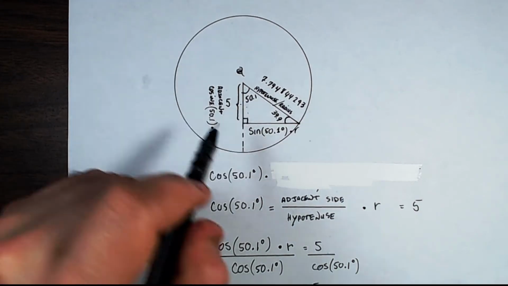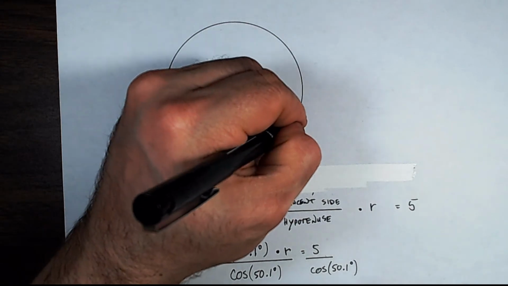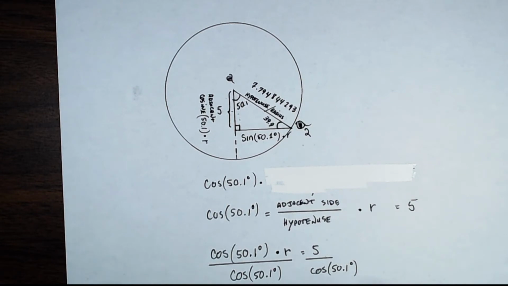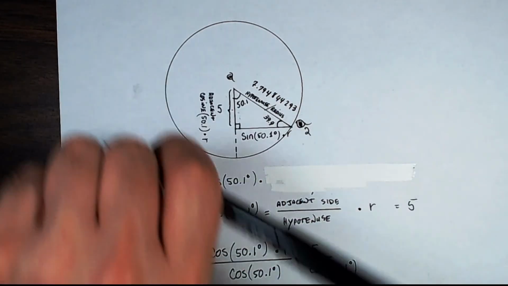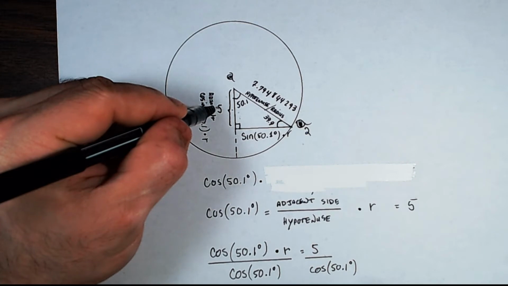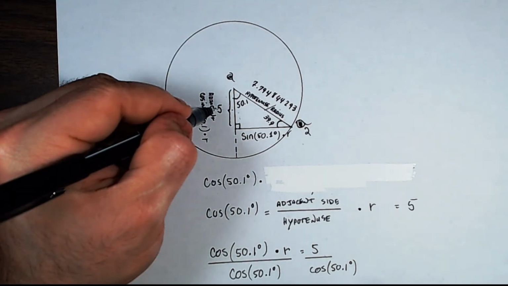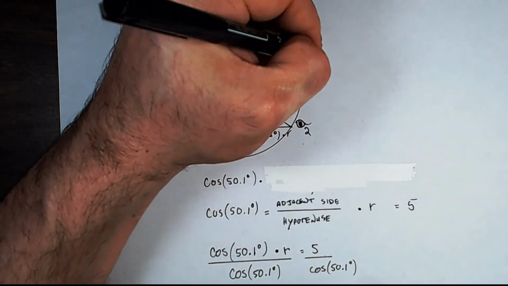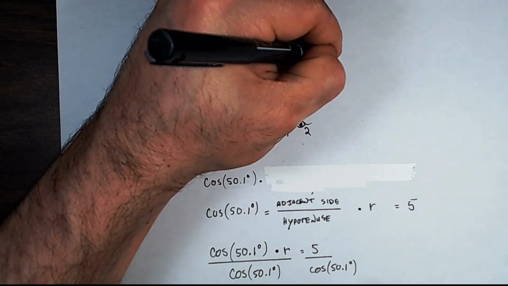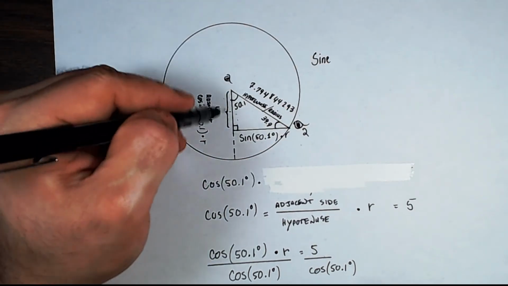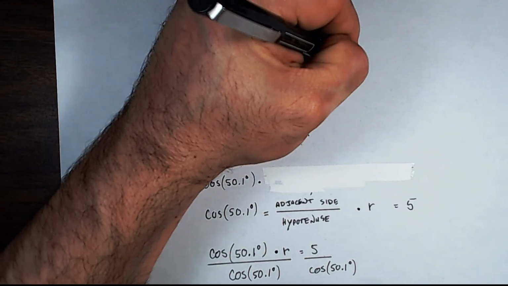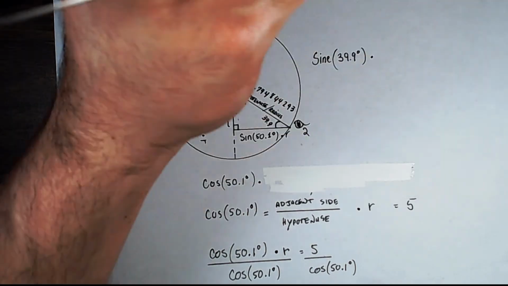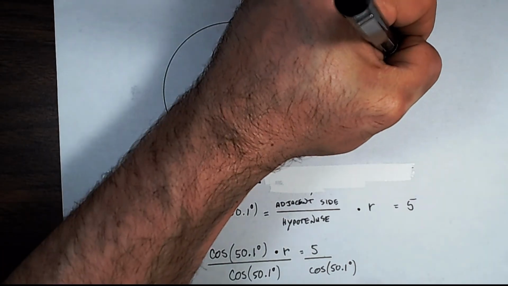I could now think of this as reference point 2, looking out, and I know 5 there, so that's the opposite side. So let's say the sine of 39.9 degrees multiplied by the radius equals 5.